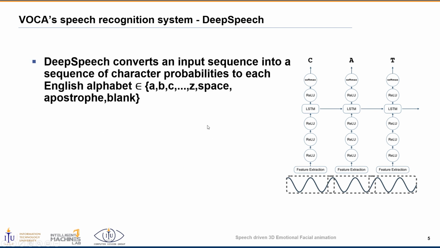We'll now get into the speech recognition system of VOCA, which is DeepSpeech. As I told earlier, it takes speech as input and outputs the probability of the English alphabets.